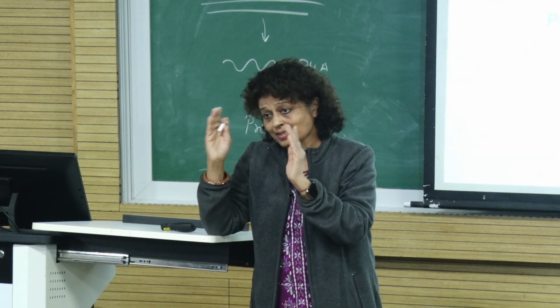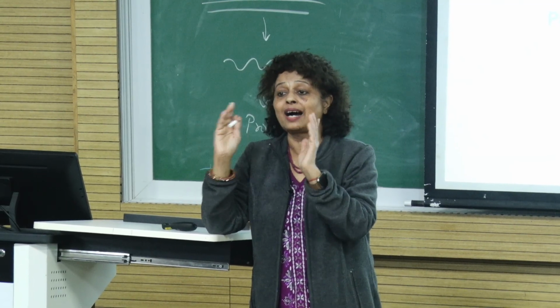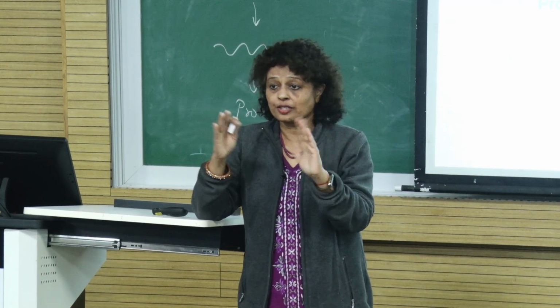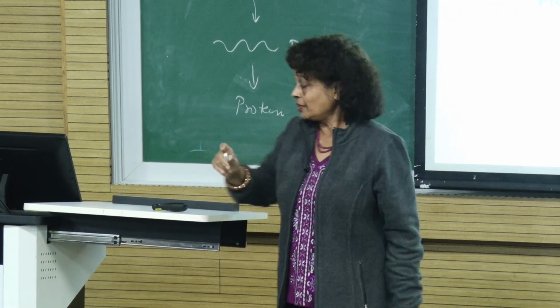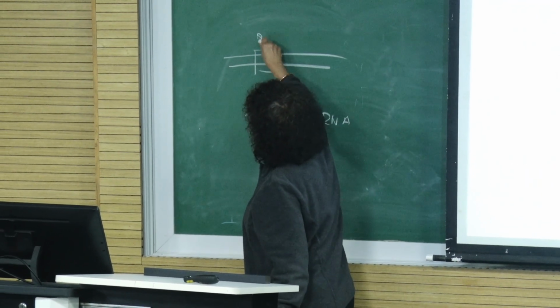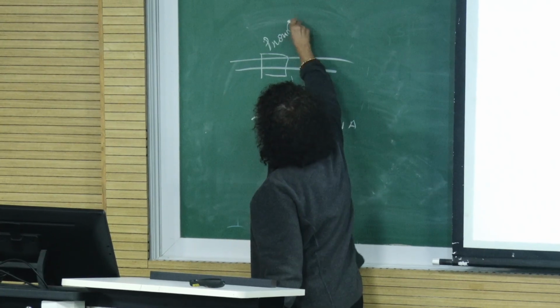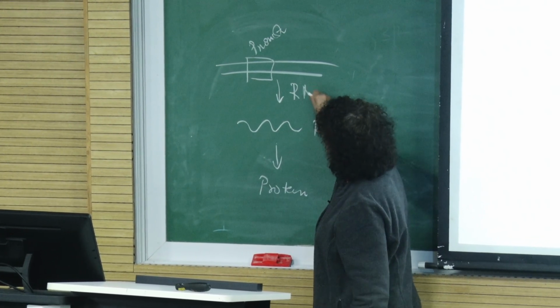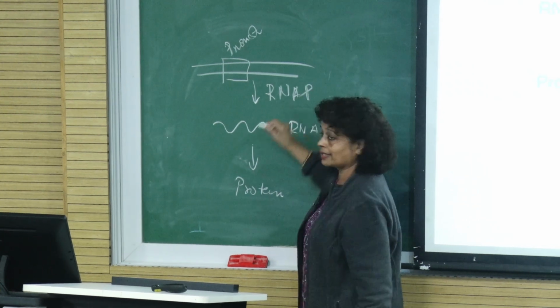So how do cells know which RNA they should make and which RNAs they should not make? DNA has a region called the promoter. The enzyme which makes RNA is called RNA polymerase.